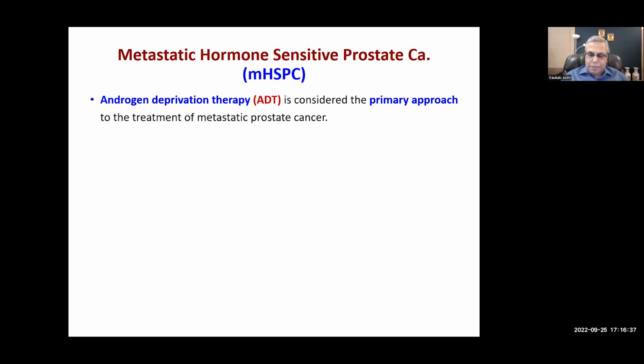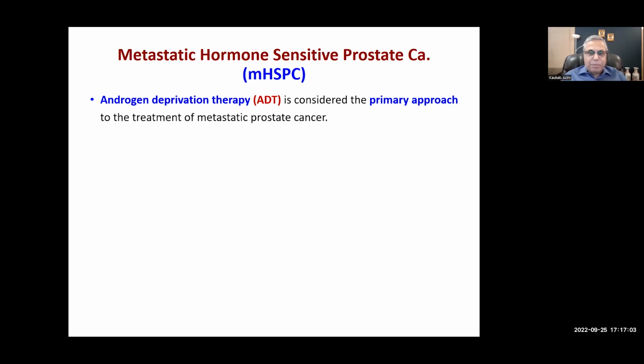How do we do that? We have got drugs, okay? Or we can do, as I said, bilateral orchiectomy, which means you remove both the testes, okay? Now, this removal of both the testes or orchiectomy is not very popular in the USA and in Europe, okay? But that is a good treatment. That is as effective as giving the drugs.